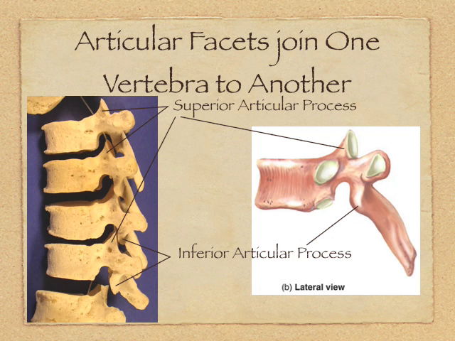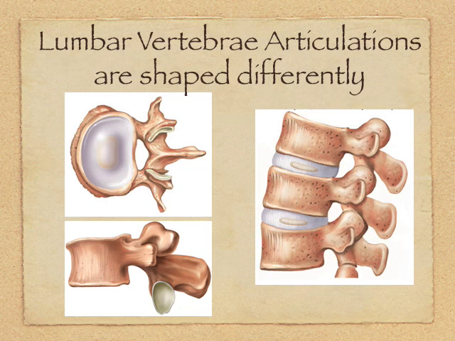Each process does have a flat facet structure, a cartilaginous surface that allows it to create a synovial joint. And notice that the way we describe the facets here is that they face anteriorly and posteriorly. This is going to differ in other vertebrae.